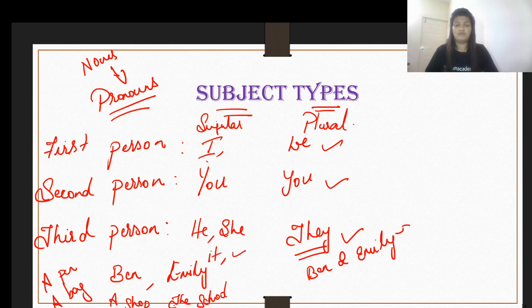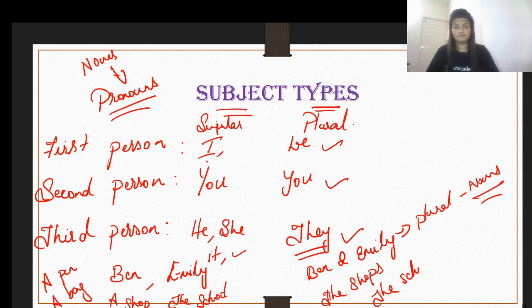Here together they become plural subjects, plural nouns which act as our subjects. And the plural of a shop becomes the shops, the schools, and pens, and the bags.